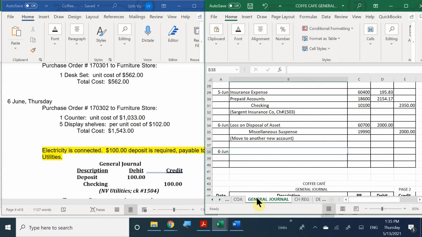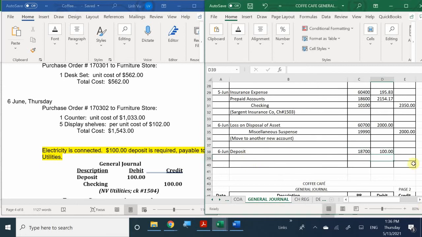We're making a deposit, account number 18700. And of course, we're making a $100 deposit.